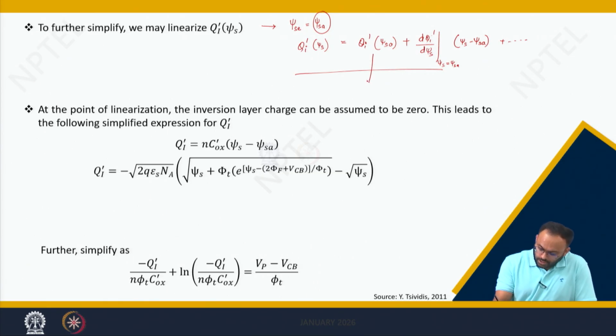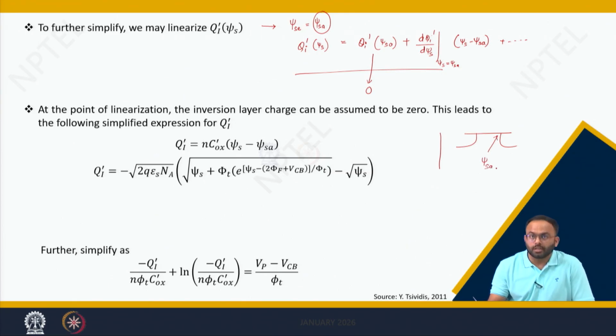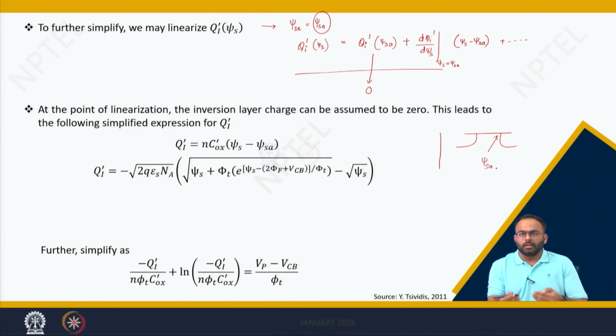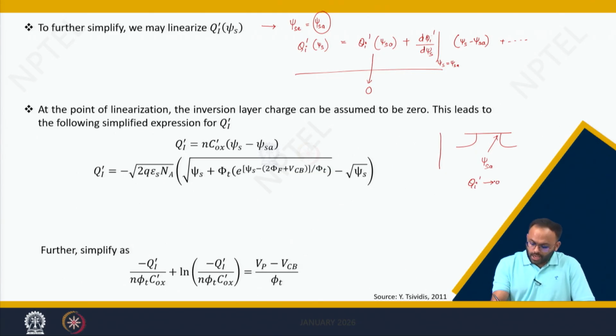This will give you 0, meaning when the surface potential reaches the value of psi SA, you will go into depletion or weak inversion, and in weak inversion and depletion we assume that the inversion charge approaches 0. So this kind of linearization helps us to use some of the approximations we followed earlier.